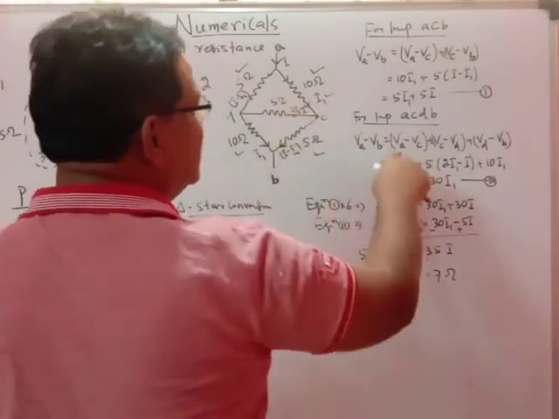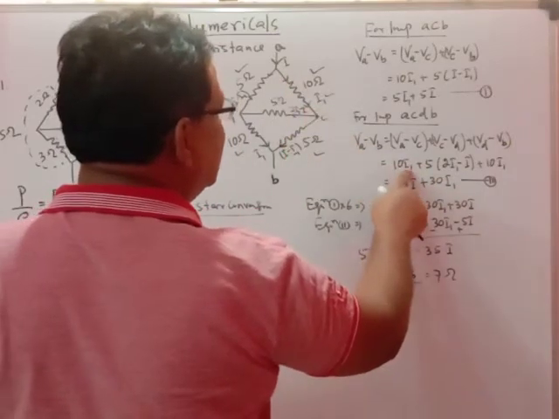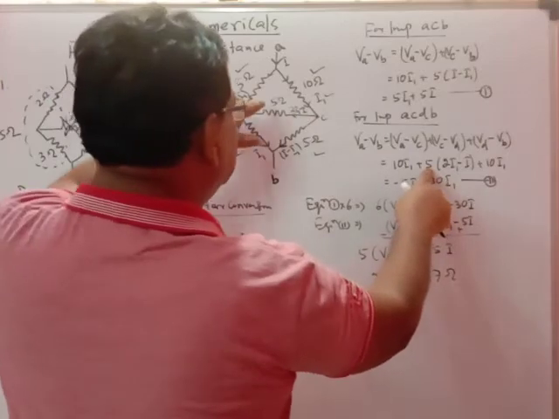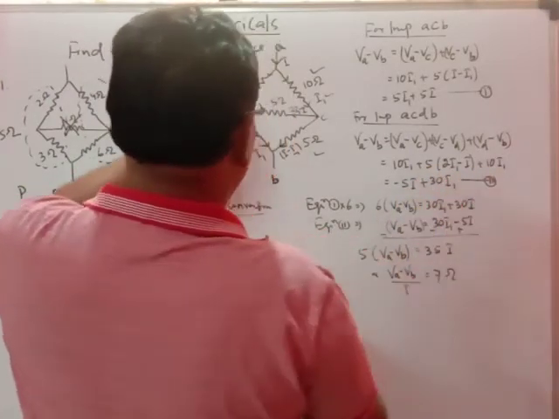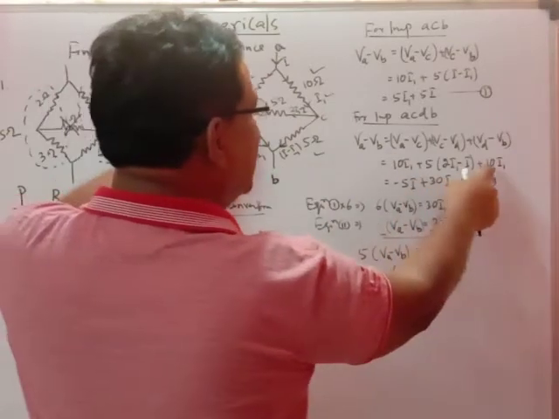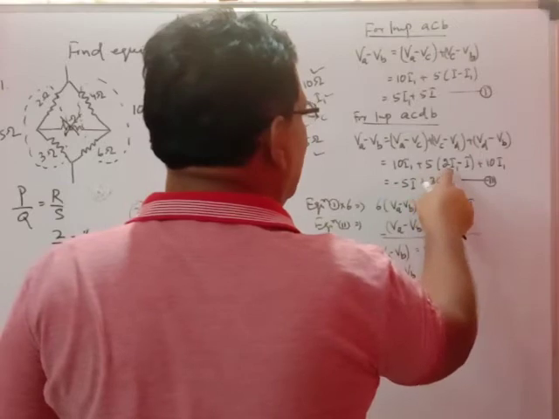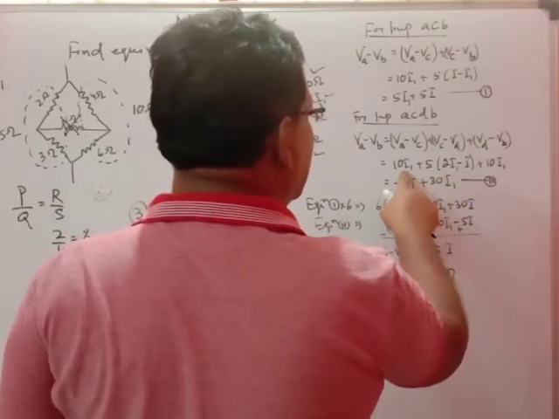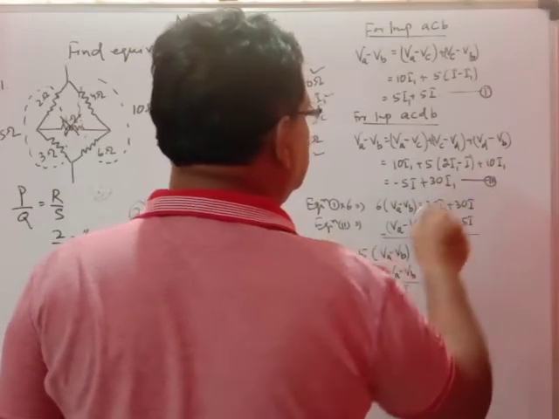VA minus VC is equal to 10 I1, VC minus VD is equal to 5 into 2I1 minus I, plus VD minus VB equal to 10 I1. If you solve this, you are finding minus 5 I1 plus 10 I1 plus 10 I1 plus 10 I1, that is equal to 30 I1, and with the I term, equation number 2.